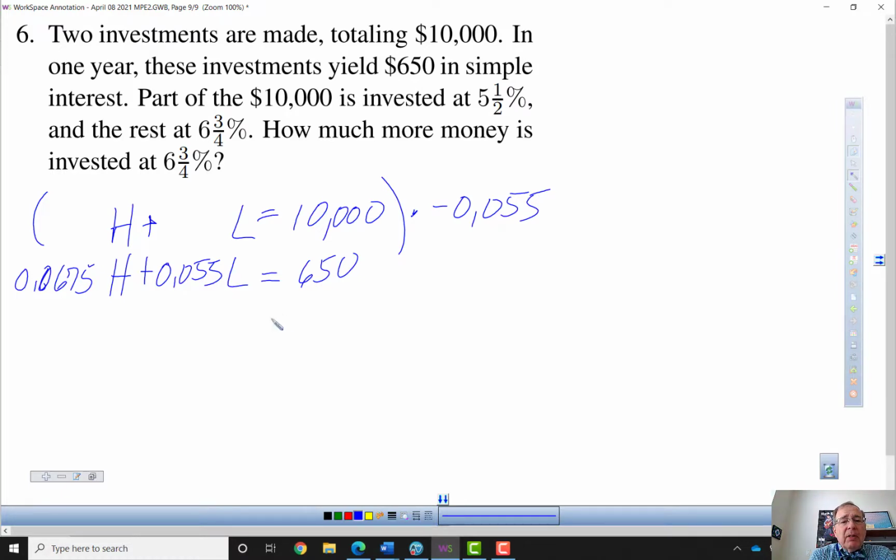So that's going to give me negative 550, and then negative 0.055L, and then negative 0.055H. And I'm going to add these two equations together.